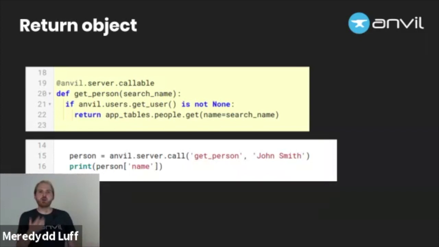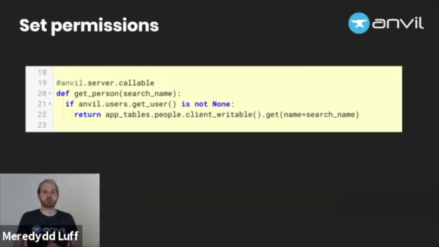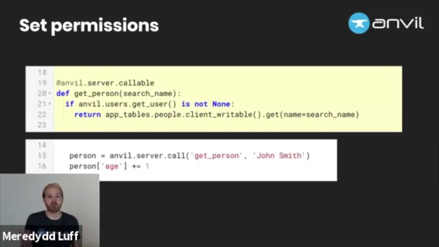Okay, so you've already seen me do something like this in the demo earlier, but we can do cleverer things. We can set permissions. Remember, there are permissions on the capability object. So here, this is a version of the same function, but it's returning a client writable row. So it takes app_tables.people, gets the client writable version of that table, and then searches for the row. And so the capability inside that object is going to include the permissions that say you have read-write access.